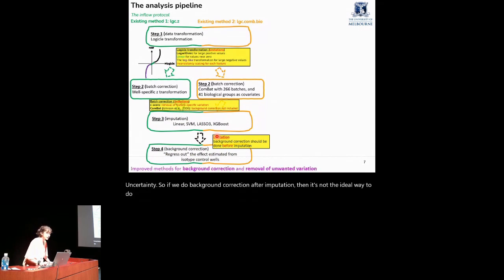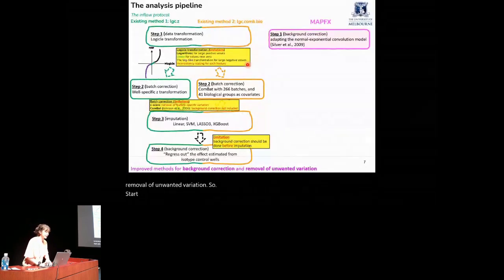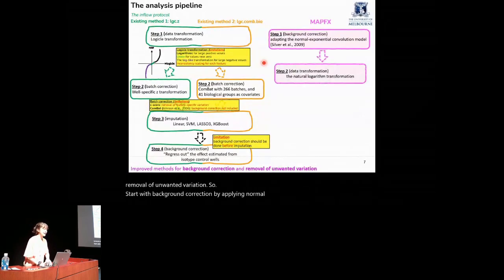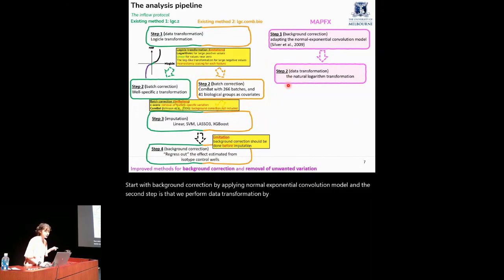So instead, in our method, we improve the way to perform background correction and removal of unwanted variation. MAPFX starts with background correction by applying the normal exponential convolution model. The second step is that we perform data transformation by using a consistent transformation, that is the log transformation.